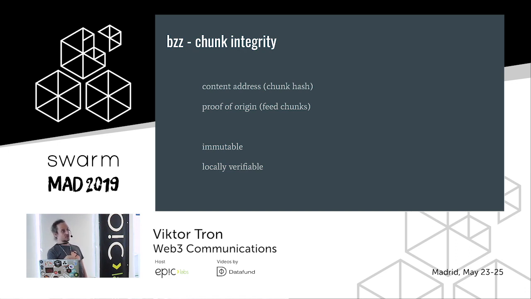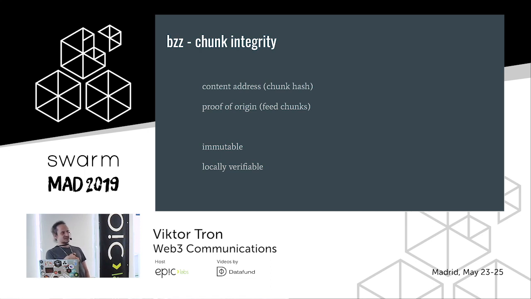So it's very important that you have a scheme which makes a chunk locally verifiable, and it's also a very important assumption that once a chunk is always a chunk. So once you see the address of the chunk, then you know that's the chunk you've seen. There's no mutability from the chunk's perspective.